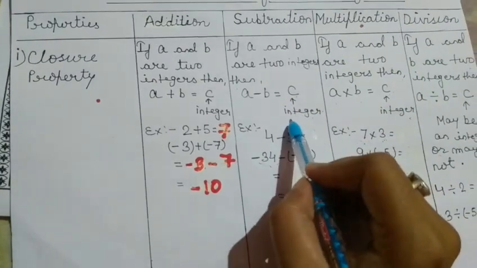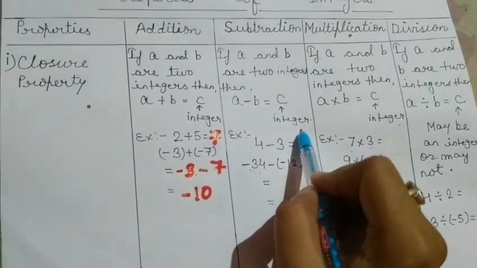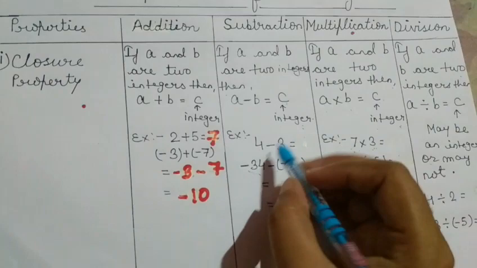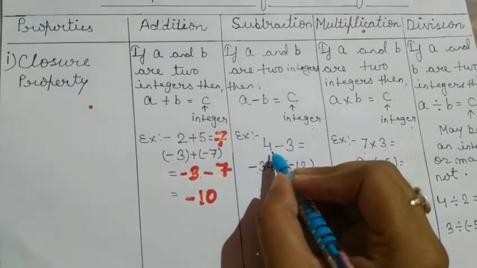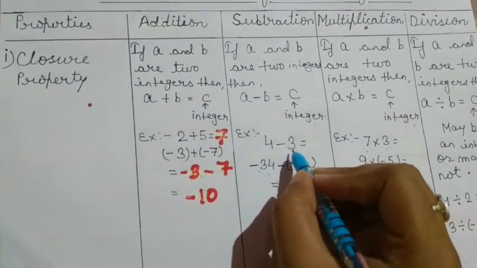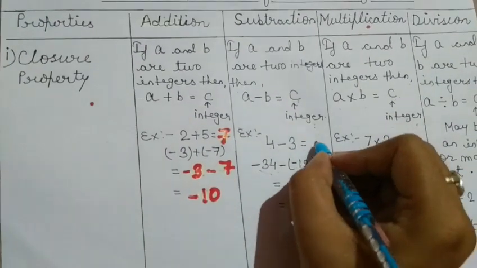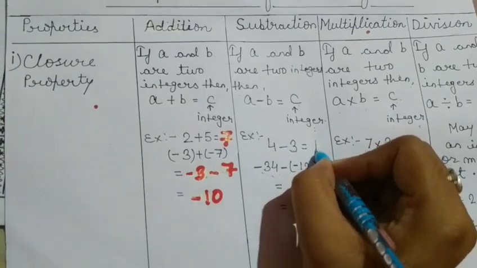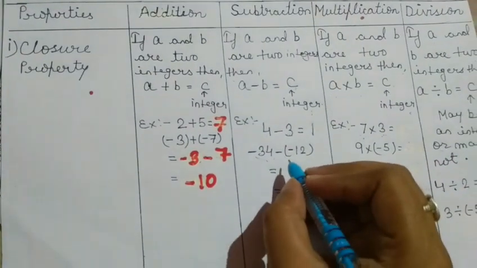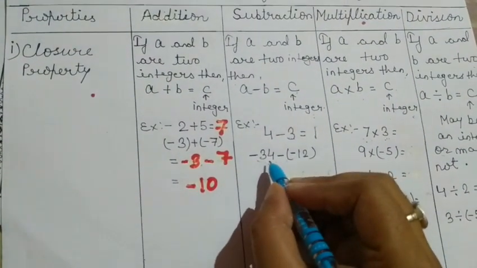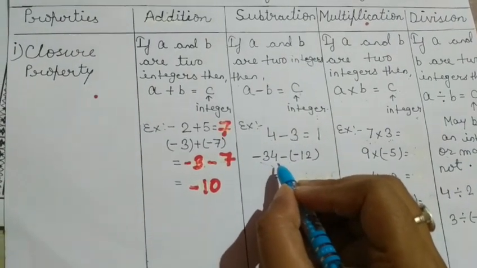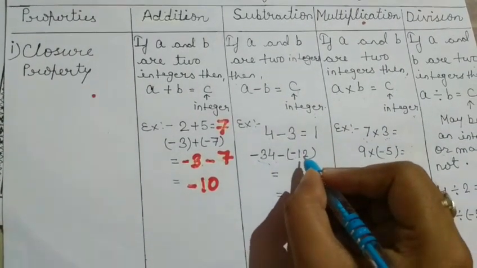C also an integer. Just check it here by this example. First example is 4 minus 3. So 4 minus 3, what is the difference? So difference is 1. Okay, next example is minus 34 and minus 12.